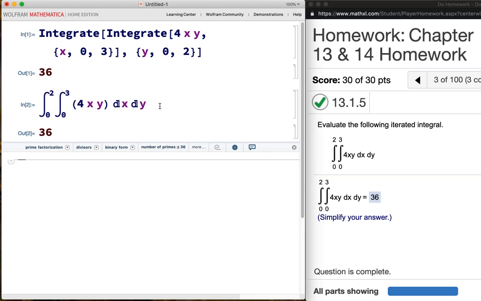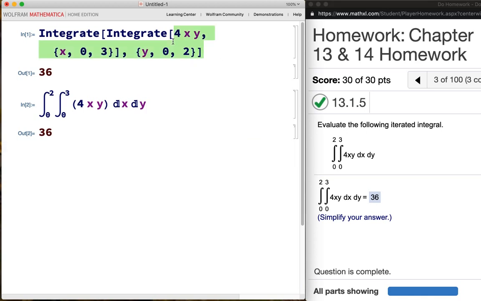Okay, so there are 2 different ways of figuring this out. Personally, my opinion is I like to do it this way better because it's just easier to type.